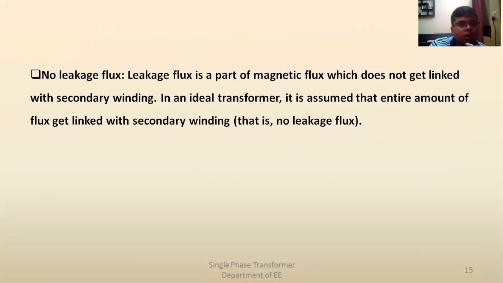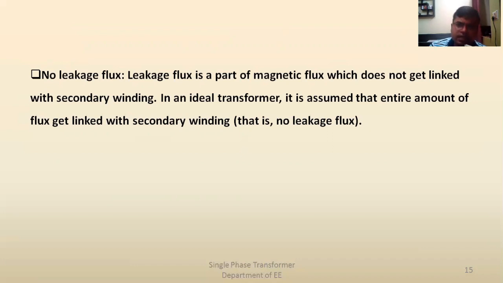Now, no leakage flux. Leakage flux is a part of magnetic flux which does not get linked with the secondary winding, right? As I told you, the flux should link both the windings. But practically, some flux gets leaked, so all the flux doesn't link to both the windings. That is called leakage flux.